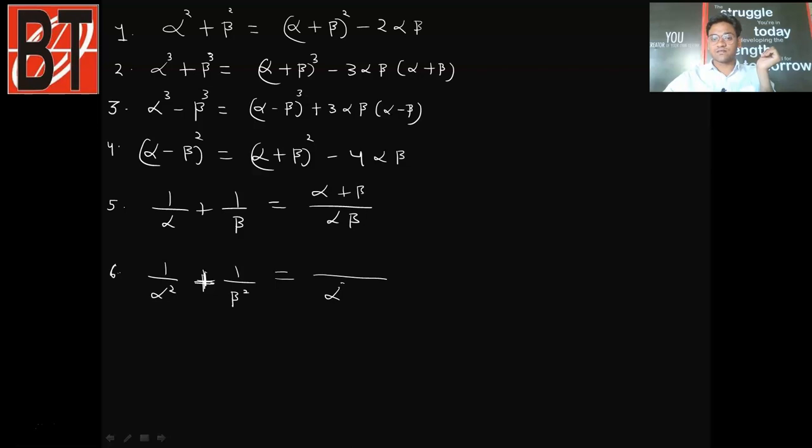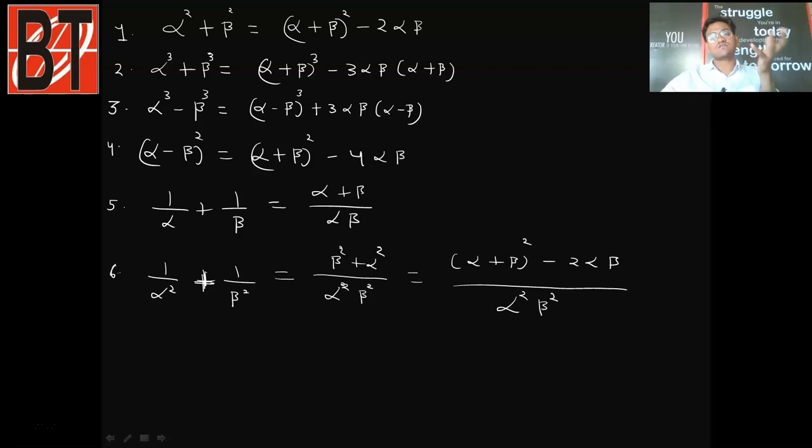See, we will be simplifying this as alpha square beta square in the denominator, and then in the numerator we will have beta square plus alpha square, the same number. Now beta square plus alpha square can be written by the first identity. What? It's nothing but (alpha plus beta) whole square minus 2 alpha beta upon alpha square beta square. Clear, students? So in this way we can use these identities in the particular question.